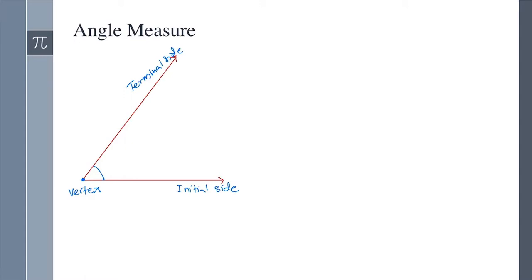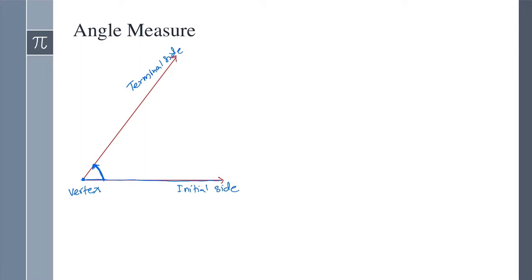For example, at the beginning we have both terminal and initial side along this line. Then if we rotate that terminal side in, let's say, the counterclockwise direction, and then stop here, now the angle is formed.